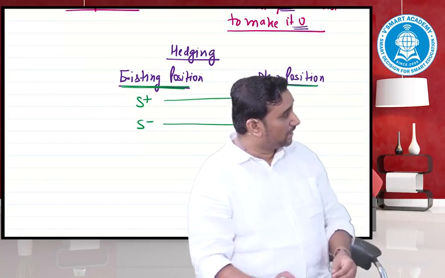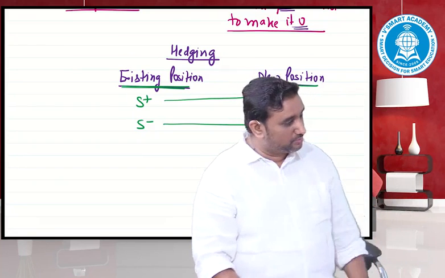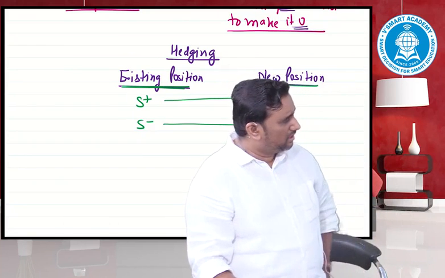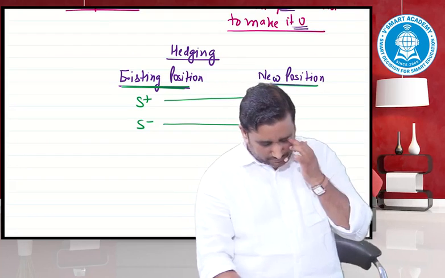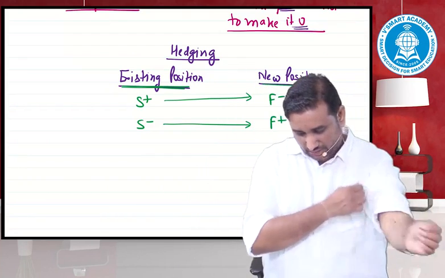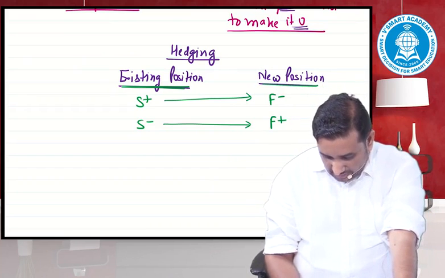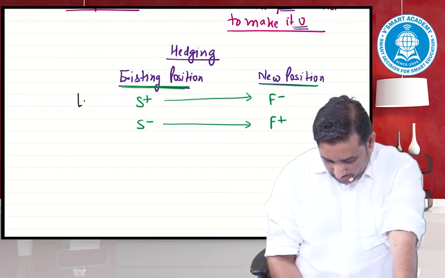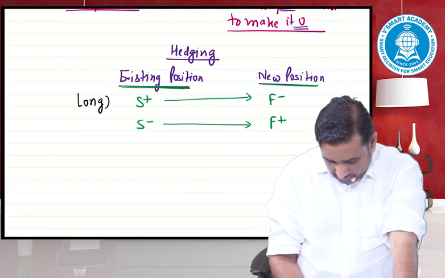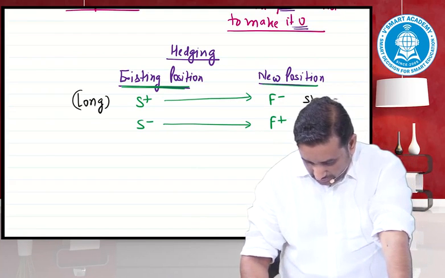Copy that part, please. Hedging, existing position and new position. Existing and new. If the first part we call long, automatically this becomes short.